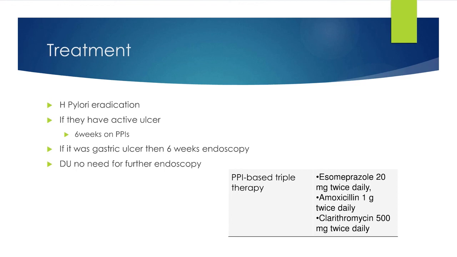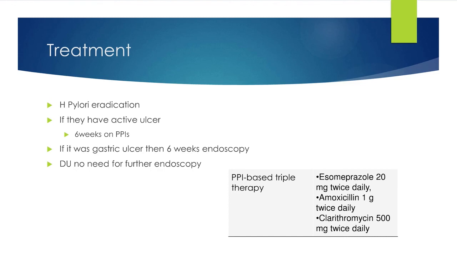We put them on a gram of amoxicillin twice daily, and they will have 500 milligram erythromycin daily, and that goes for a week. So it's called HP7, Helicobacter pylori eradication 7 for 7 days. Now, if the patient has an active ulcer, we will extend the duration of the PPIs on its own for 6 weeks.